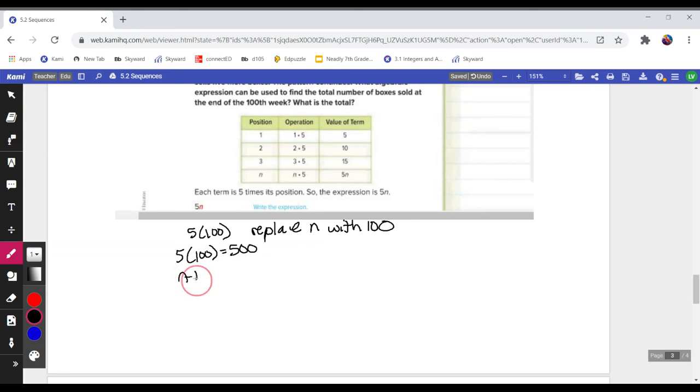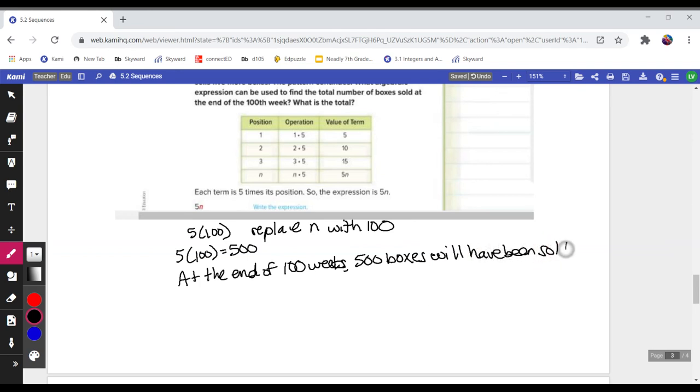So at the end of 100 weeks, 500 boxes will have been sold.